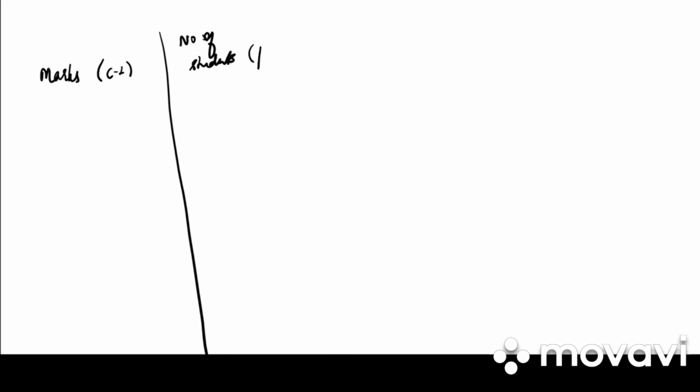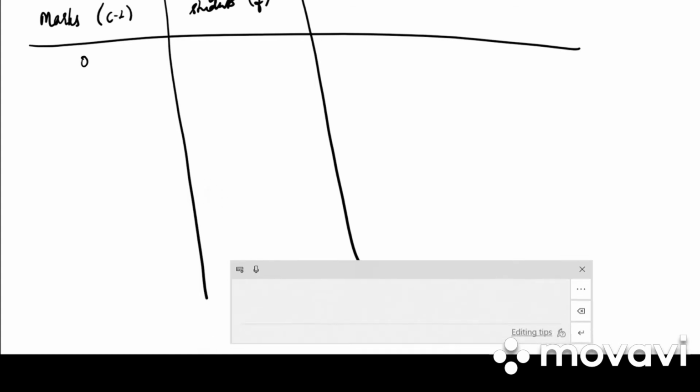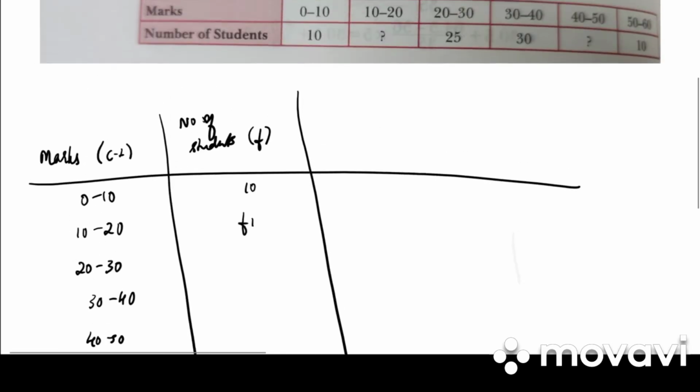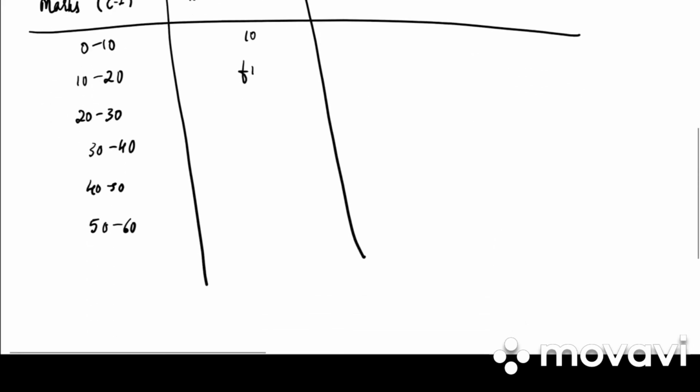So they have given us class interval, that is marks, and number of students, that is F. Marks is 0 to 10, 10 to 20, 20 to 30, 30 to 40, 40 to 50, 50 to 60. 10, F1. Two frequencies are missing. So instead of question mark for the first frequency, I'll write F1. Second, I'll be writing F2.